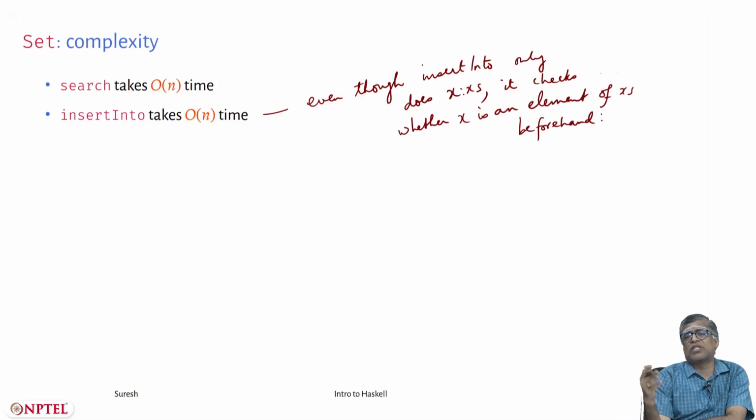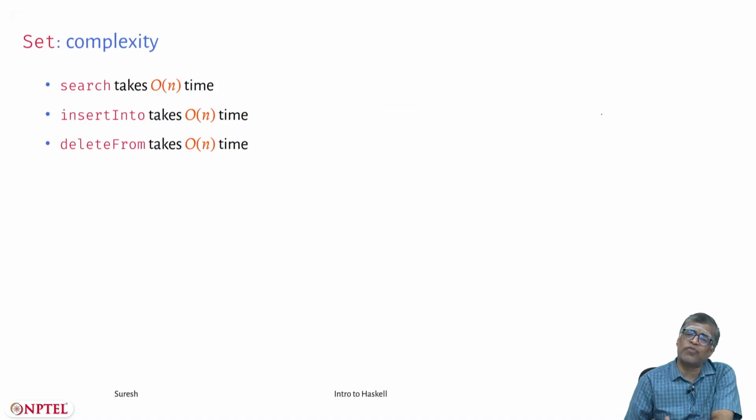So this will take order n time. Delete from also takes order n time, because you are filtering throughout the whole list and retaining elements not equal to x. You have to go through the whole list.